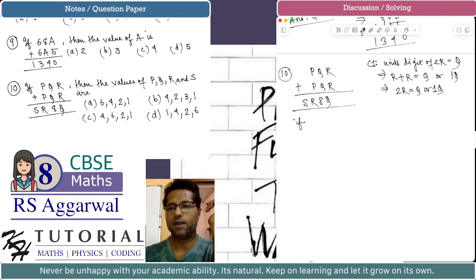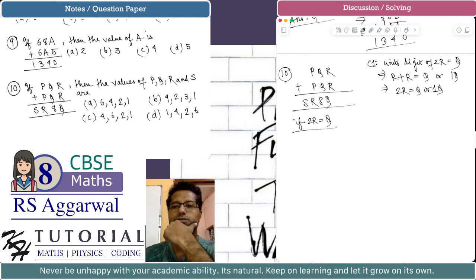So we are having two possibilities, either twice r is equal to q or twice r is equal to 1q.